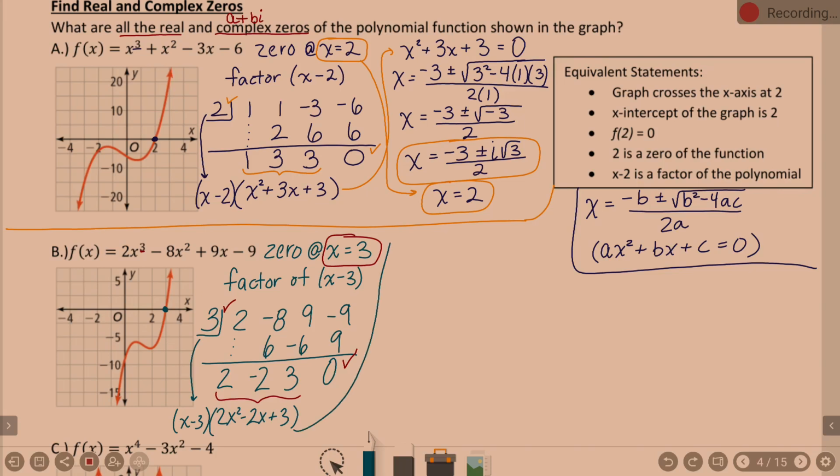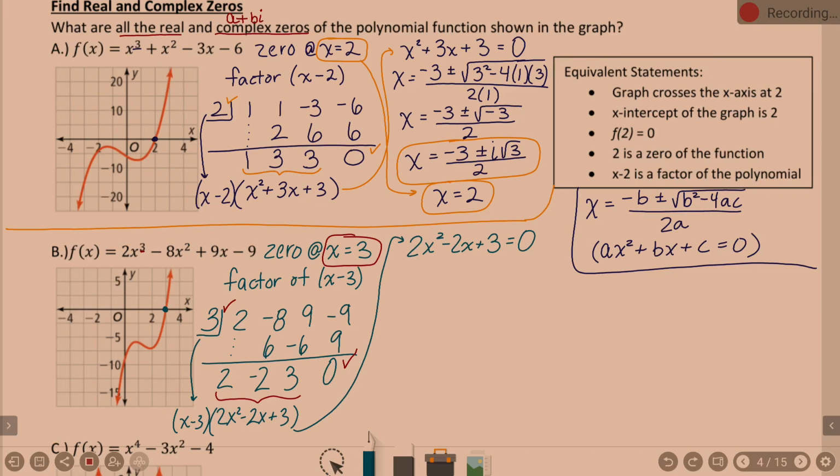Take this one factor, 2x squared minus 2x plus 3, set it equal to 0. Realize you're wasting your time trying to factor this. Is it going to factor? No, because I'm looking for some imaginary answers here. It's not going to factor.